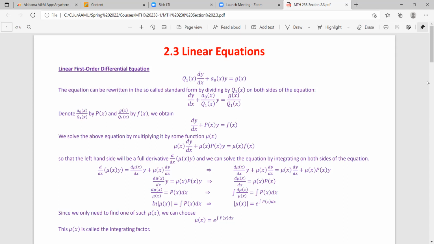So we got a full derivative on the left, and we get mu times f as a function of x. Then we just integrate the right-hand side to solve this differential equation. So let's just continue to solve the equation.